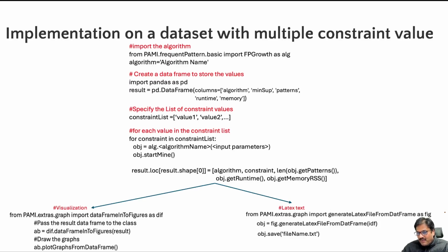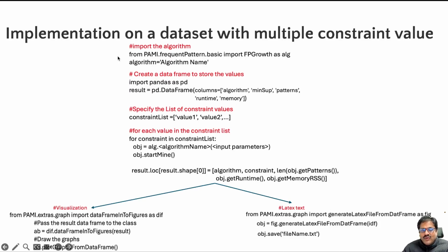In this experiment, we are going to vary the constraint value multiple times, and at different constraint values we extract the patterns, memory consumed and the runtime consumed by the mining process. These results will be visualized as graphs.